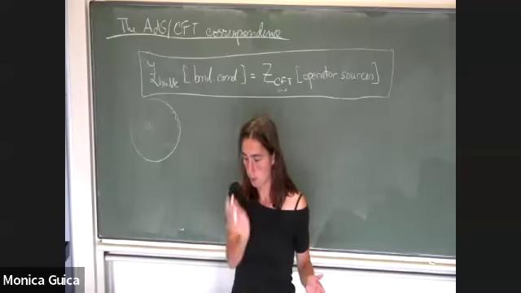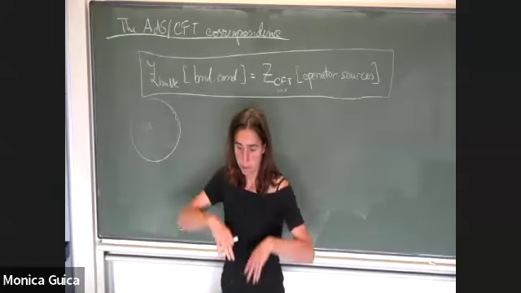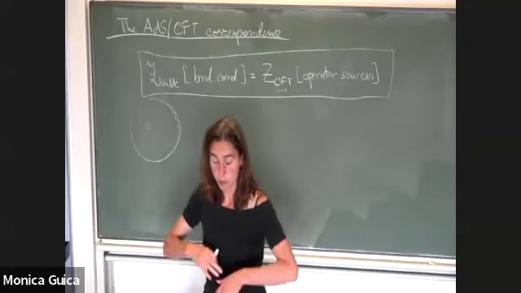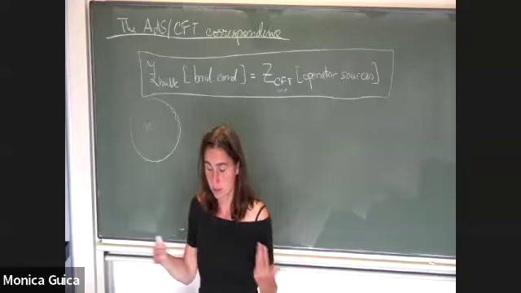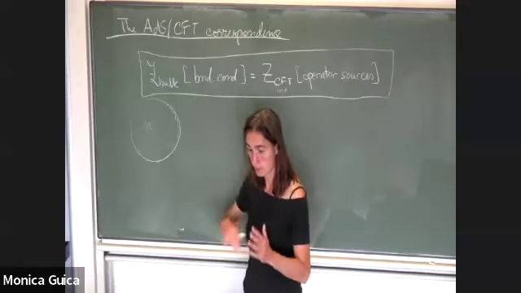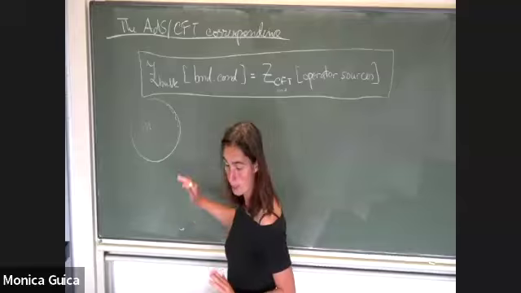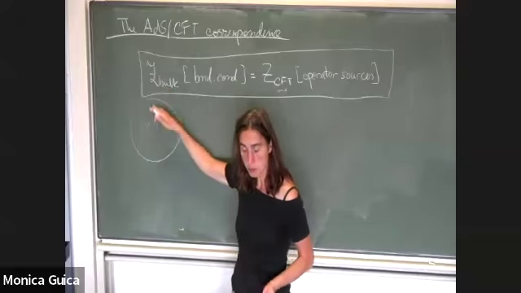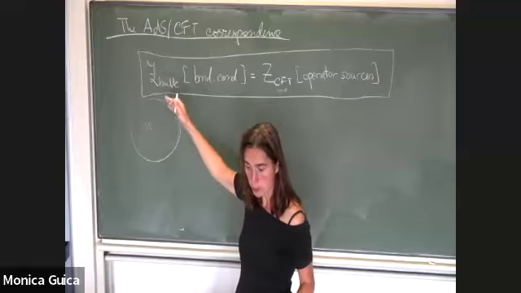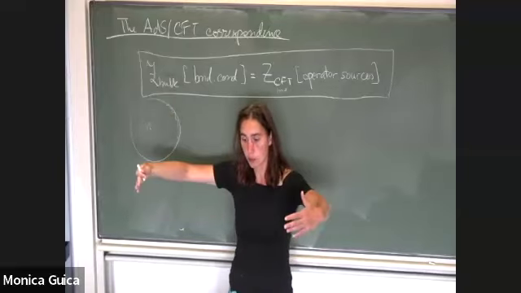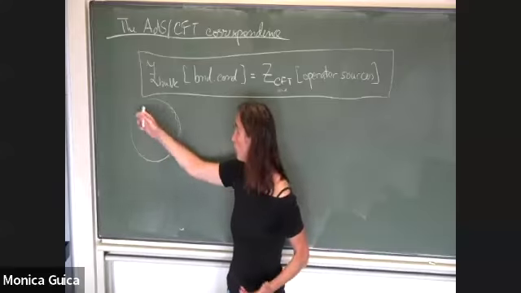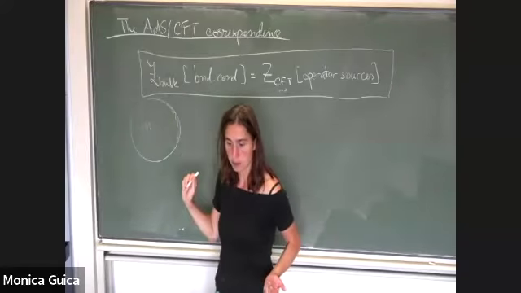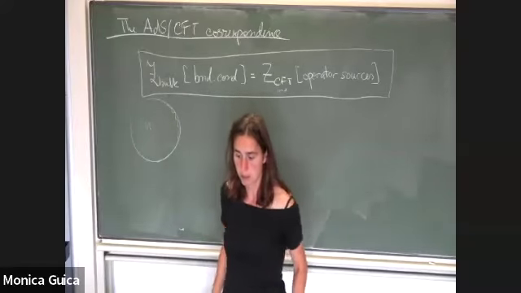And for the rest, you can consider different configurations. You can also consider configurations of different topologies. That's actually a lot of fun in AdS-CFT, to see this topology change and so on. So what I mean by Z bulk is the partition function for the gravitational theory with fixed boundary conditions at the boundary of, in this case, AdS5 times S5 or whatever the bulk is. But you're not fixing the metric in the interior.